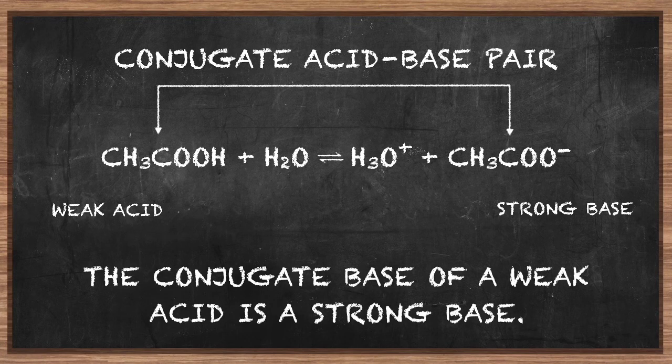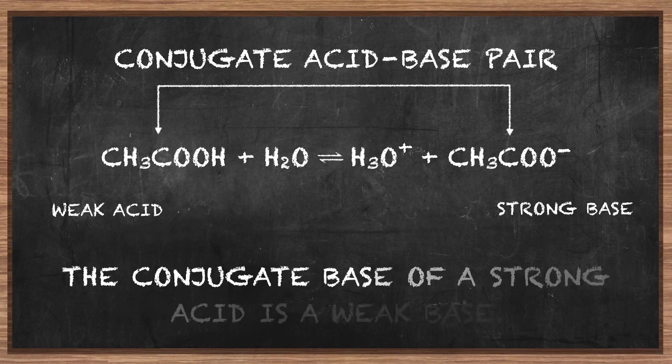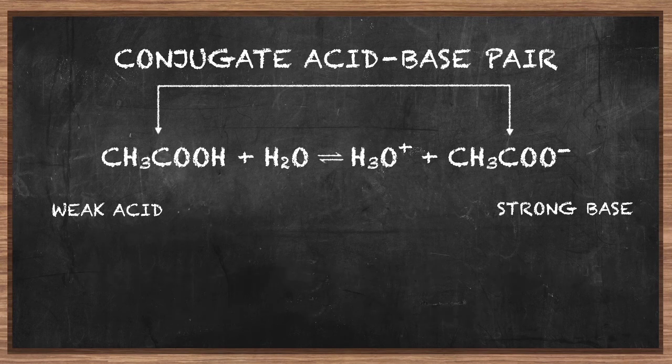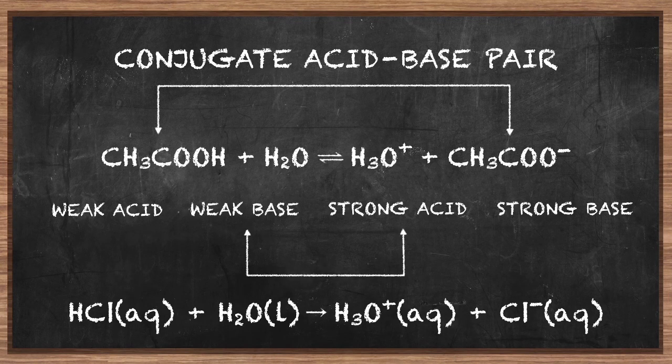Therefore, the conjugate base of a weak acid is a strong base. And the conjugate base of a strong acid is a weak base. The chloride ion is a weak base because it does not easily accept a proton.